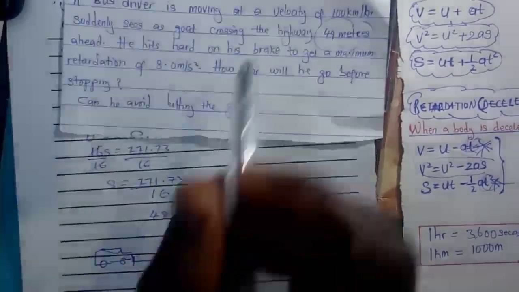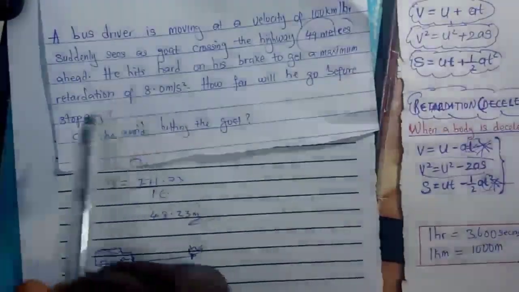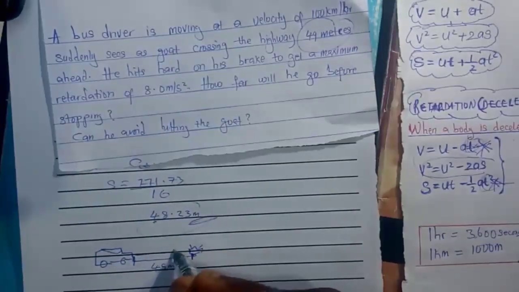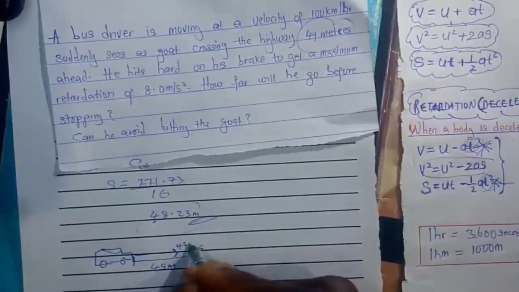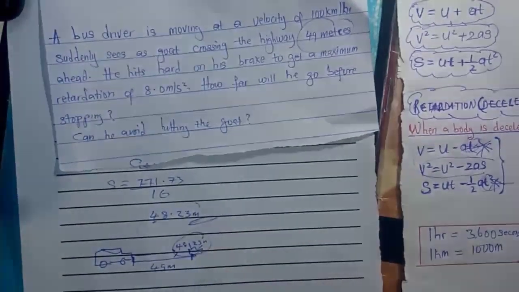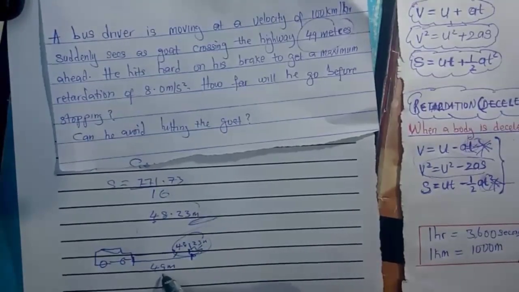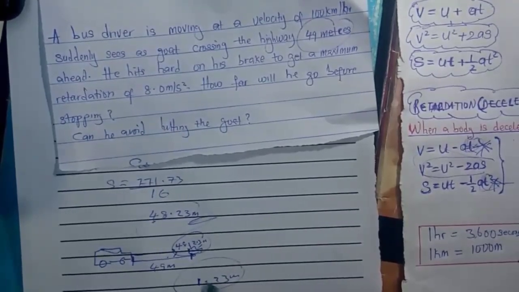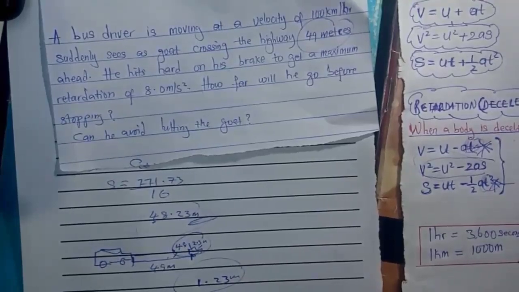If the bus driver applies a maximum retardation of 8 meters per second square, it will cover a distance of 48.23 meters. Therefore, it will just avoid eating the goat. Since the goat is still 49 meters ahead, if you subtract this from this, you get 1.23 meters. This is actually a long distance.